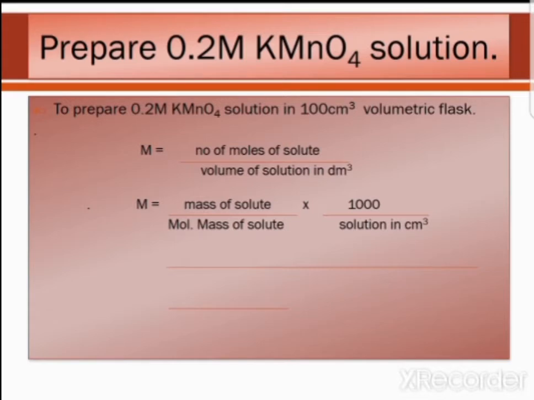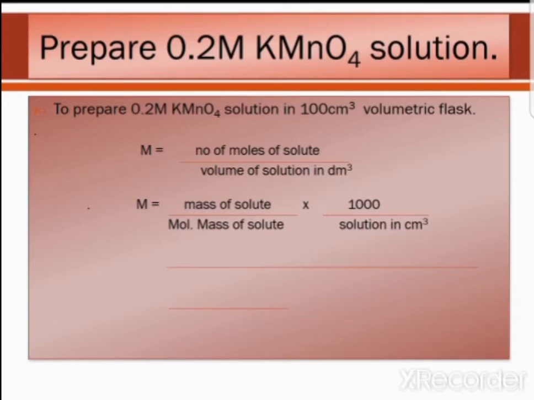We will use the formula of molarity, that is M is equal to number of moles of solute divided by volume of solution in cubic decimeter. Since we have to calculate the mass of solute, therefore we will rearrange this formula as M is equal to mass of solute divided by molecular mass of solute into 1000 divided by volume of solution in cubic centimeter.